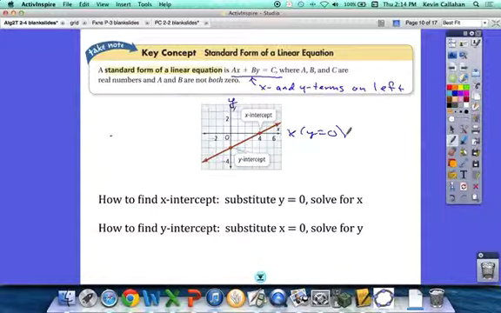And to find the y-intercept, we take advantage of the fact that everywhere on the y-axis, x equals 0, because it's not to the left and it's not to the right. So these statements at the bottom here, this is how we find intercepts for all the functions that we do. For this year, next year, calculus, when it says find intercepts, that's what we mean, right? So I'll put a red star next to that. That's important.